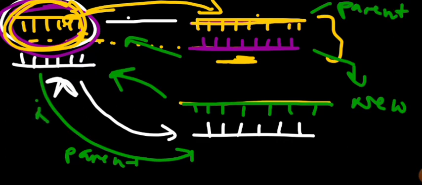So only one new strand is formed out of two strands, and the other strand comes from the parental DNA. All right. So in each and every newly formed DNA, there is one new strand and one parental DNA strand, forming double strands. So that's what they mean by the term semi-conservative.